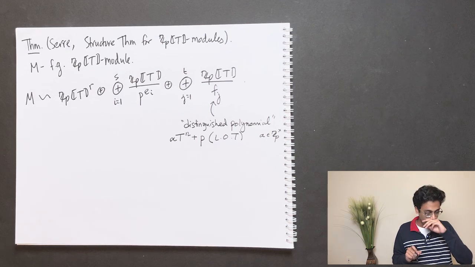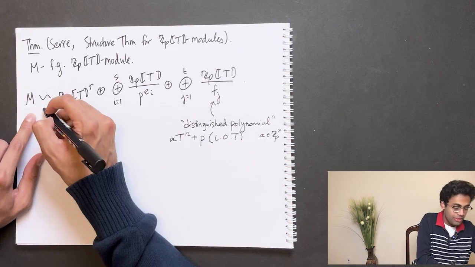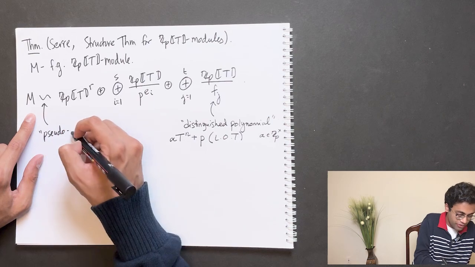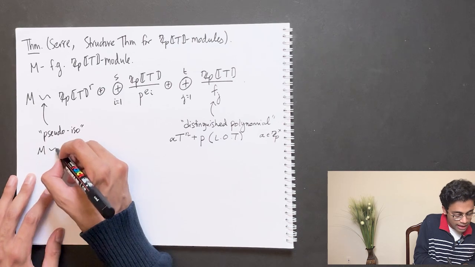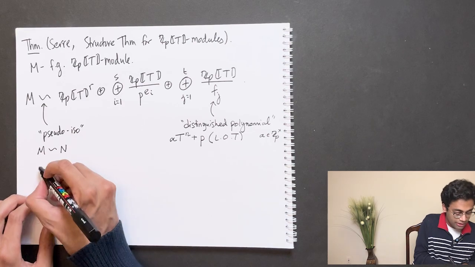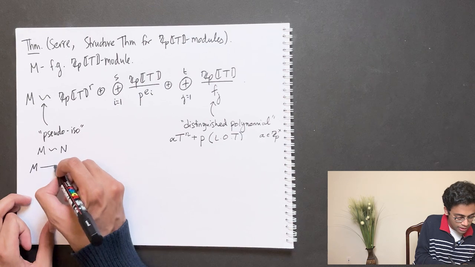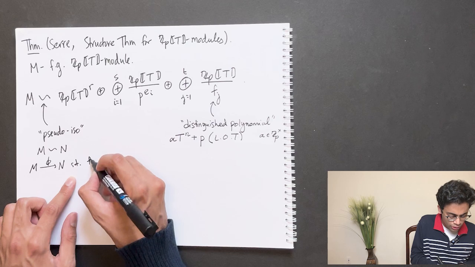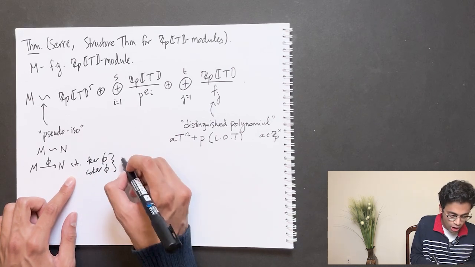Okay, great. So there's one thing I still have to explain, and that's this sign over here. This is not an isomorphism, but something a little bit weaker called a pseudo-isomorphism. When M and N are Z_p double bracket T modules, this means that there is a map phi from M to N such that the kernel of phi and the cokernel of phi are both finite.